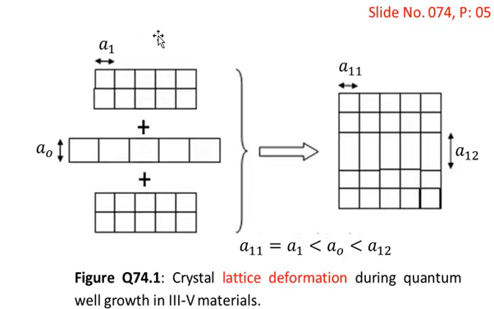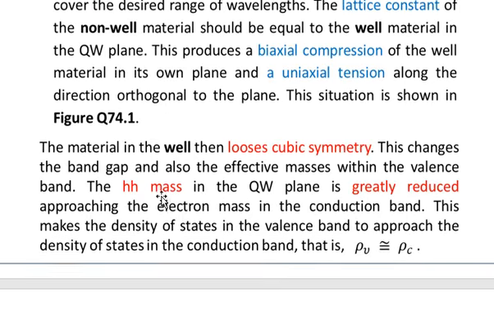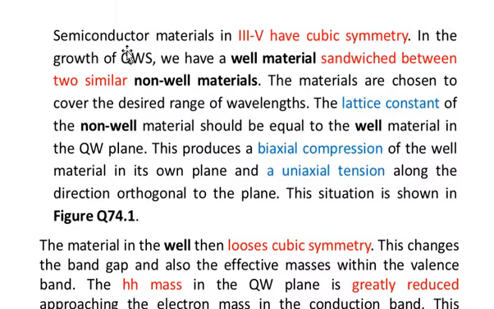And on either side of this, on the top and on the bottom, we have a non-well material. So we are sandwiching a well material between two identical non-well materials.